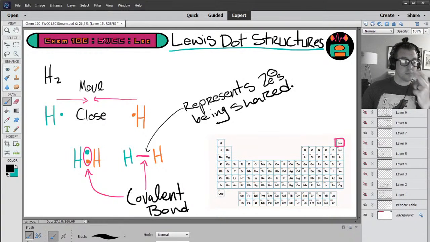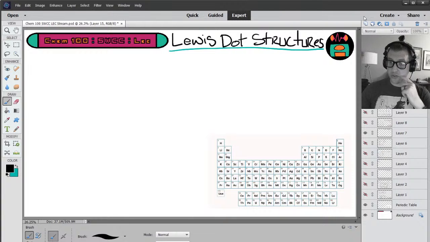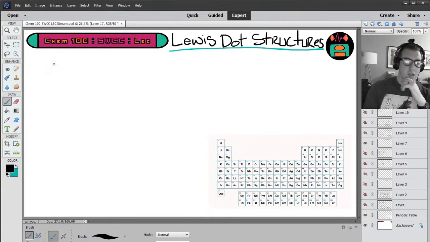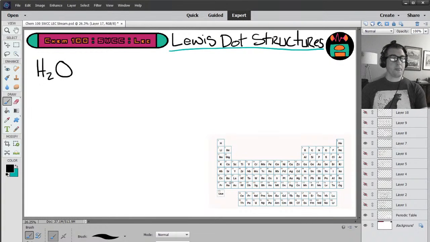So let's draw a Lewis structure for another molecule. All right. Let's draw a Lewis dot structure for H2O. All right, now hydrogen is in the first column.